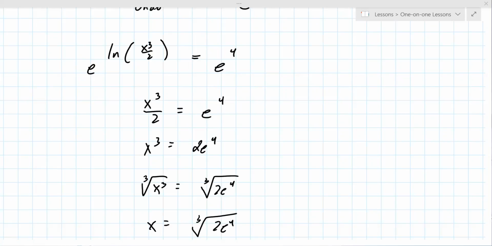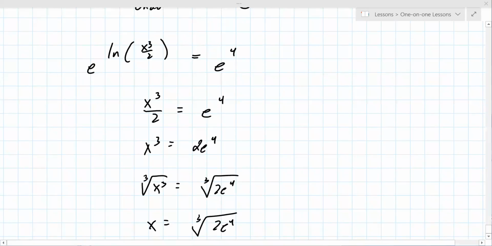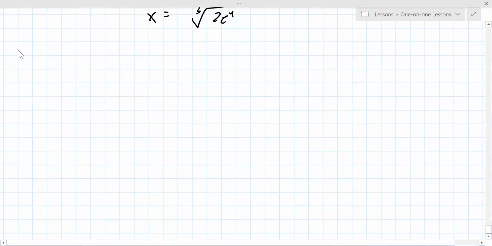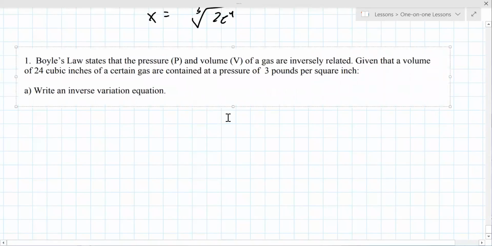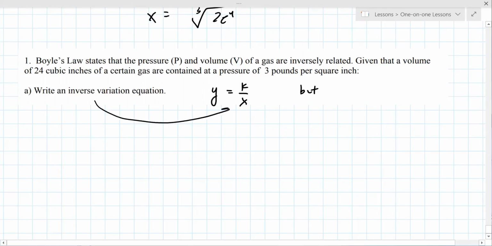Okay, so the inverse variation equation is generally written like this: y equals k over x. But here you have other variables, but the inverse part is the fact that it's in this form.